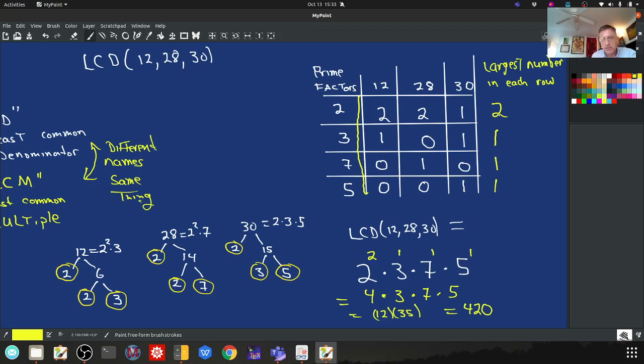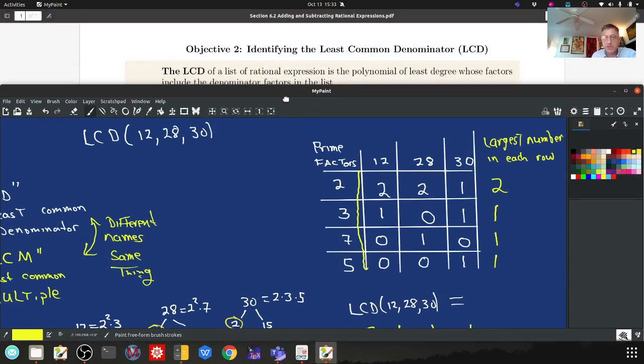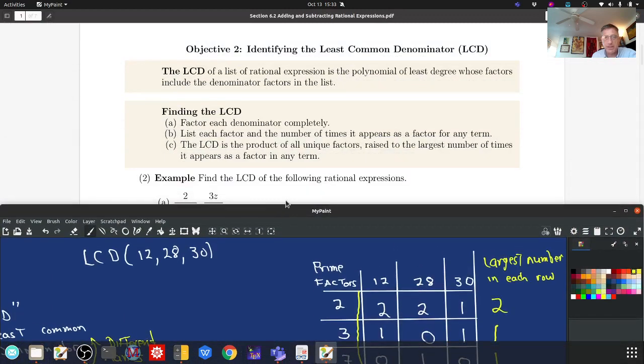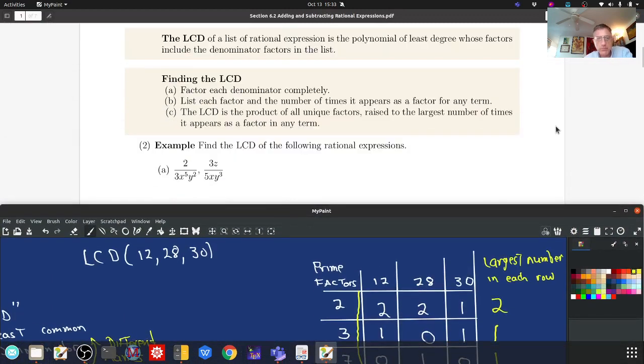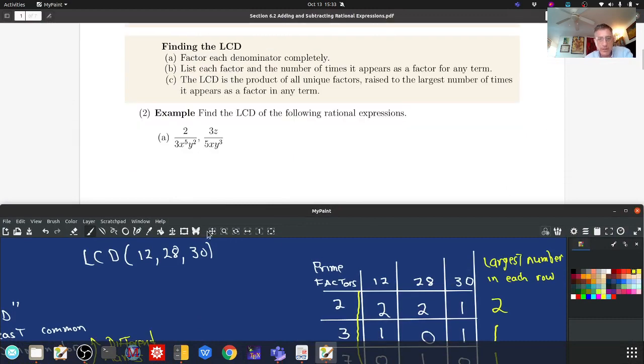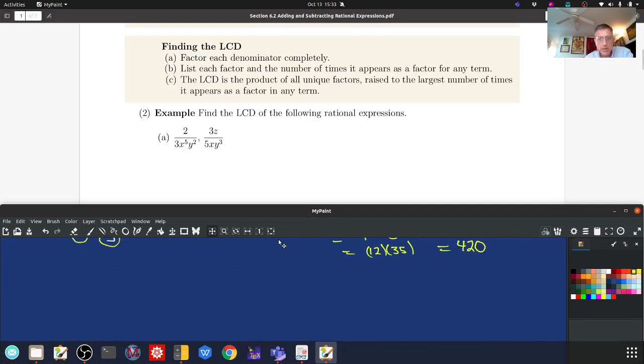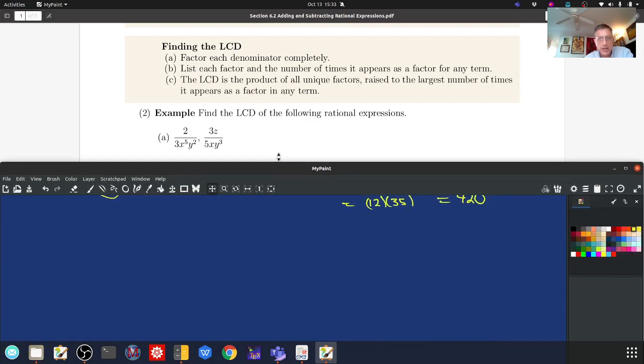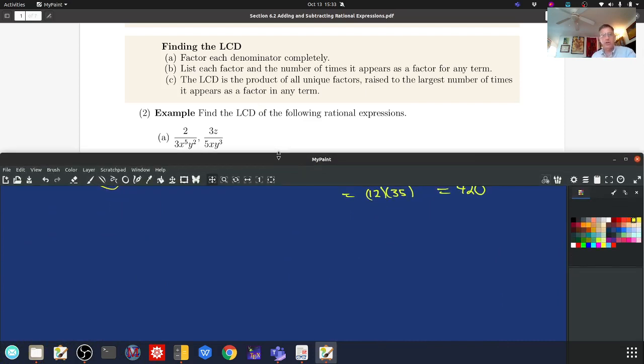So 2 raised to the second power times 3 raised to the first power times 7 raised to the first power times 5 raised to the first. So we're going to be doing something very similar to that method when we find and add fractions whose denominators are not the same. Because we cannot add them until we have denominators that are the same.